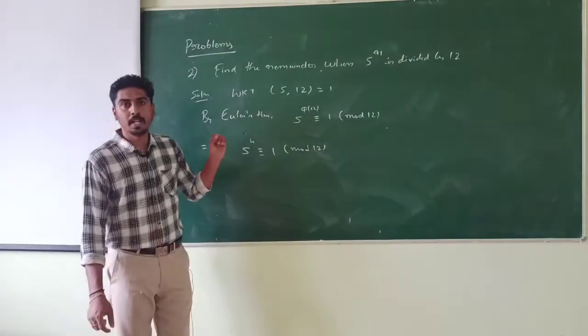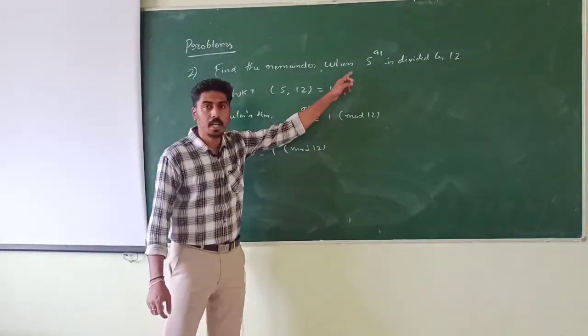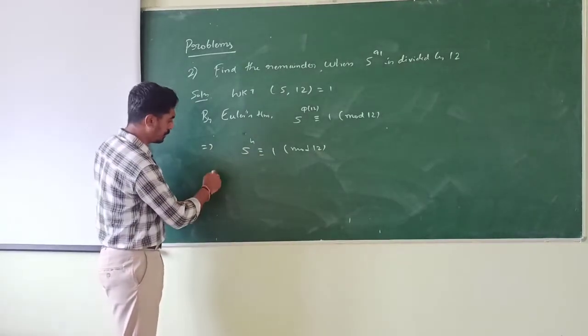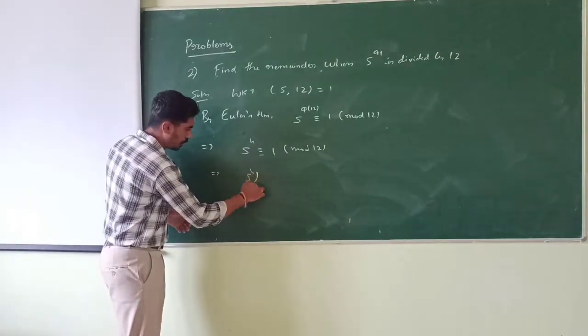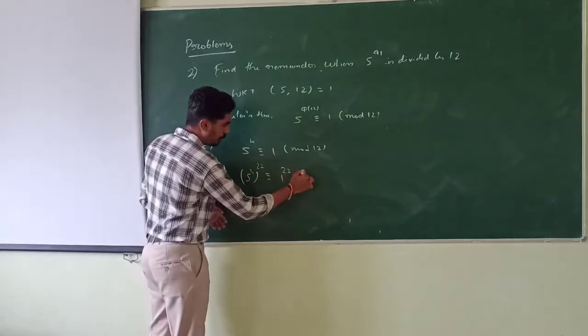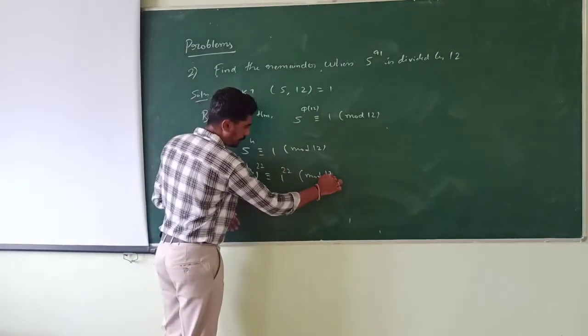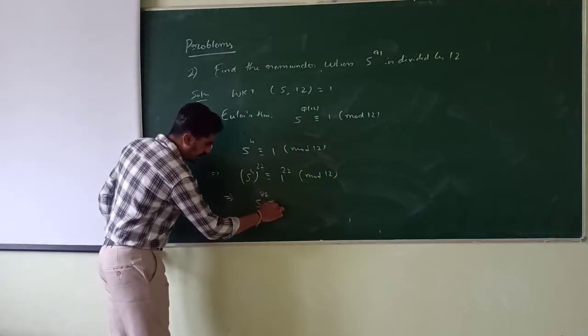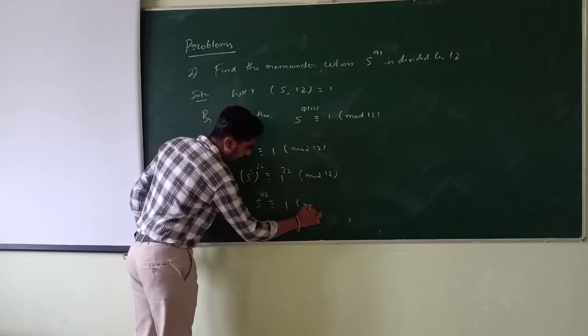Okay. I need to get 5 to the power of 91 here. So I raise the power by 22 on both the sides. 5 power 4 whole power 22 is congruent to 1 power 22 modulo 12. This implies 5 power 88 is congruent to 1 modulo 12.